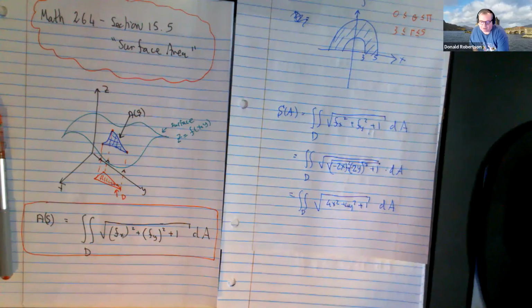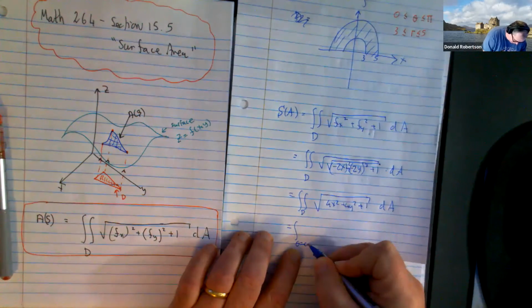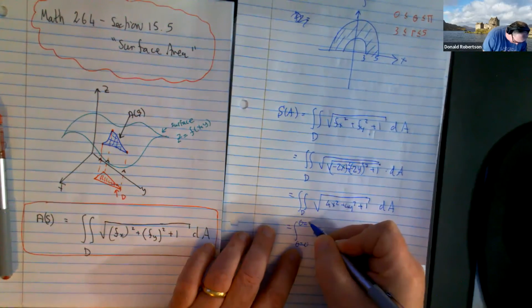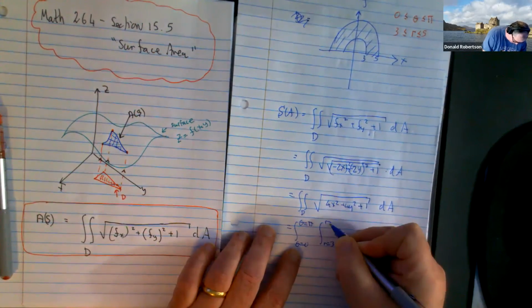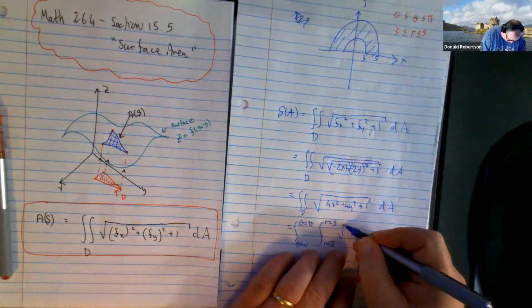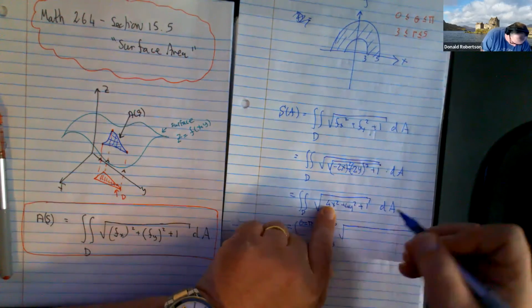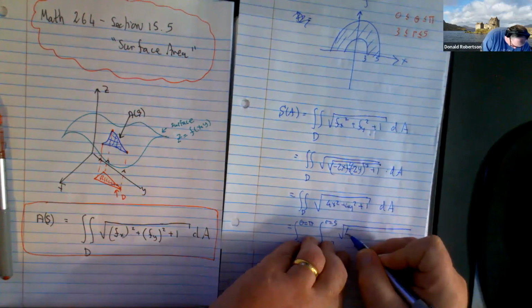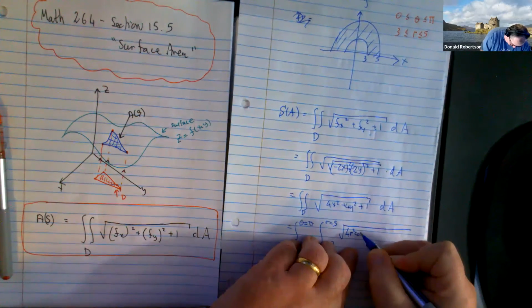Right, now it's time to make everything polar. We've already set up the limits of integration. So theta can go from 0 to pi. r can go from 3 to 5. This is going to be the square root of, if you take this and call it r cos theta, you get 4r squared cos squared theta.